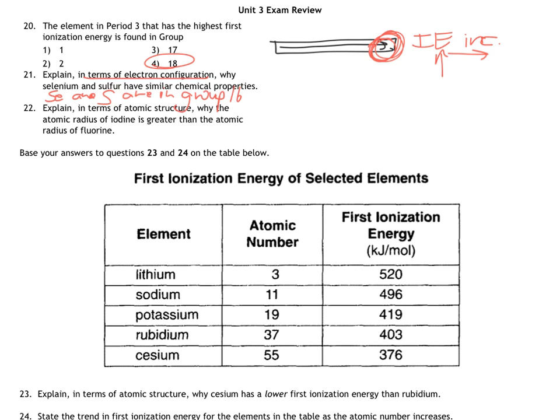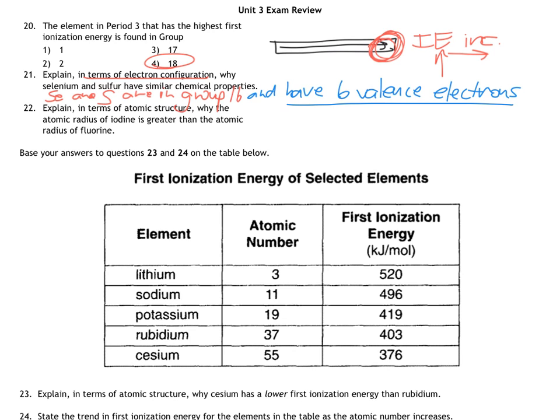And while elements in the same group do have similar chemical properties, if I stop here, I have not answered the question. And the reason for that is because I need to answer in terms of electron configuration. So what these two elements have together in terms of their electron configuration is that they both have 6 electrons in their valence shell. So it's this last part of my answer that makes me right.